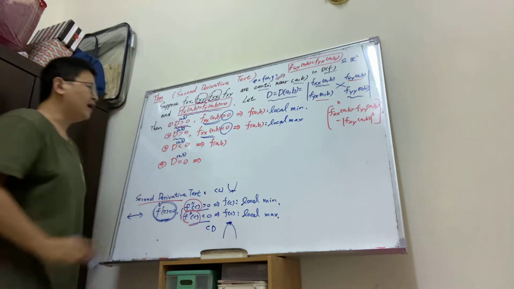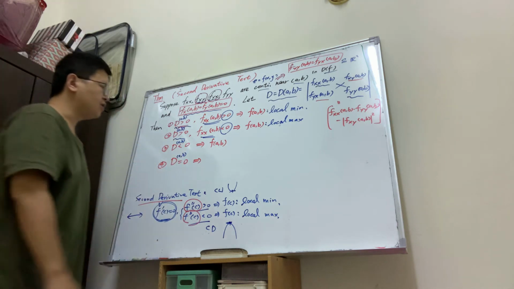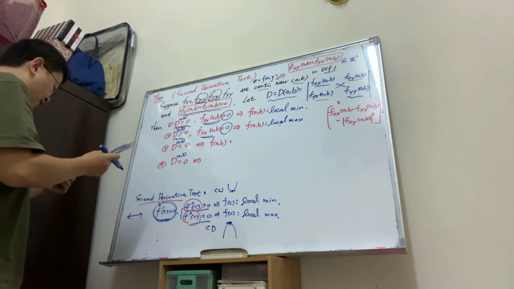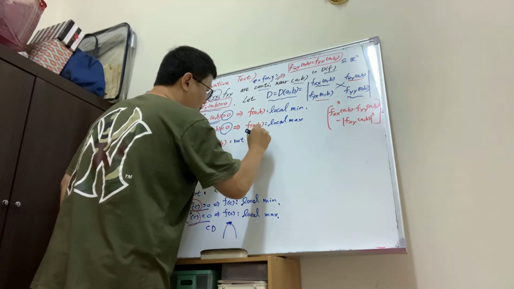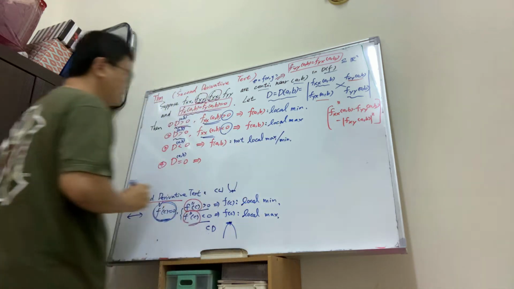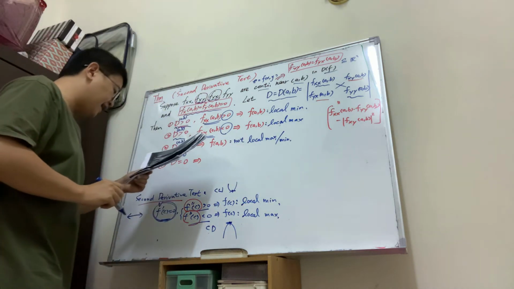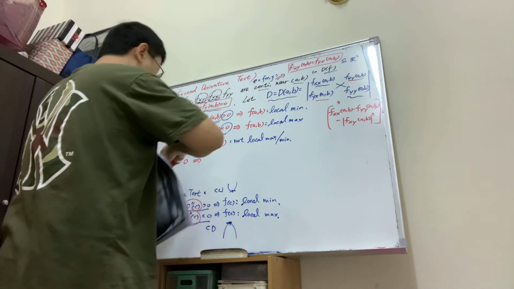But if the determinant D(a, b) is less than 0, then for this point, f(a, b) is not a local extremum. In this case, it's not a local maximum and not a local minimum.